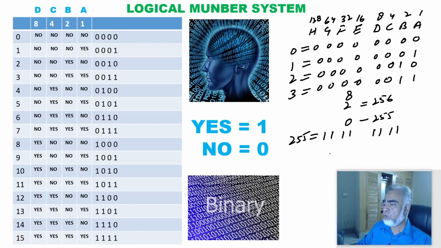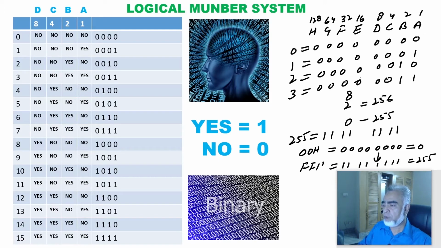So our counter will count from 0 0 0 0 0 0 0 0, where all bits are 0 and the equivalent number is 0, up to a maximum of 1 1 1 1 1 1 1 1, and the value will be 255. So in decimal we can write from 0 to 255, in binary from 0 0 0 0 0 0 0 0 to 1 1 1 1 1 1 1 1, and similarly in hexadecimal from 00H to FFH.